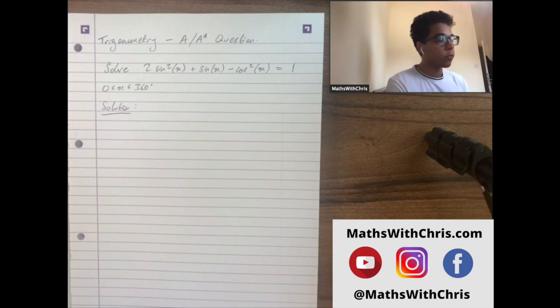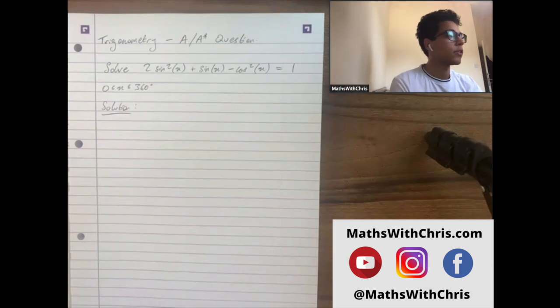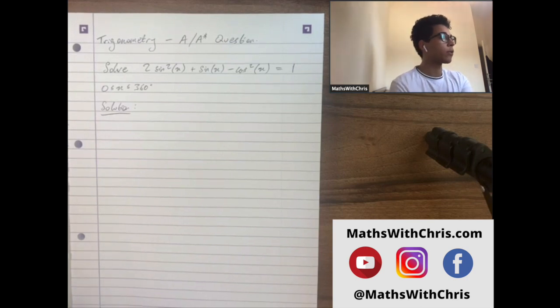So what identity could we use to get this all in terms of sine of x and sine squared of x? Which identity do we know relating the sine and the cos? So we used it earlier.